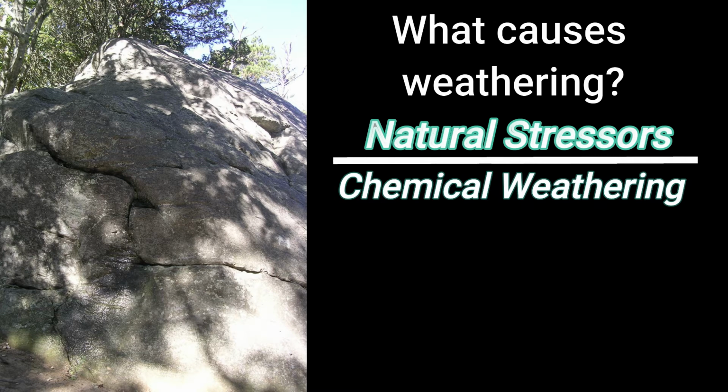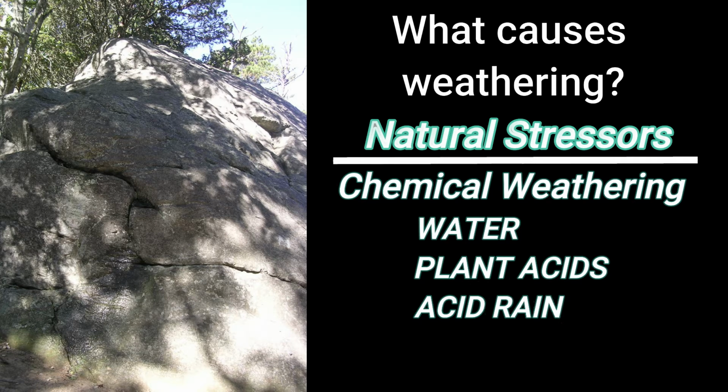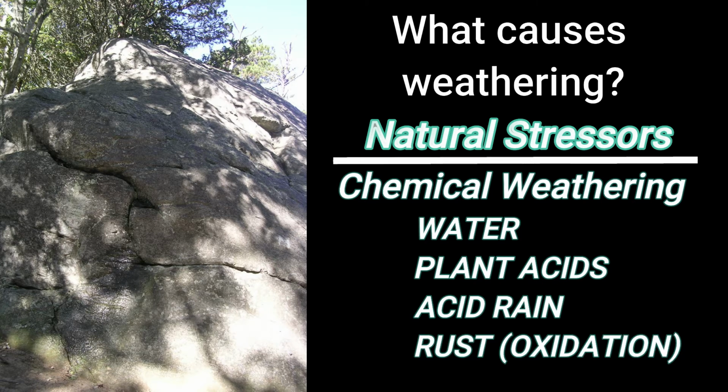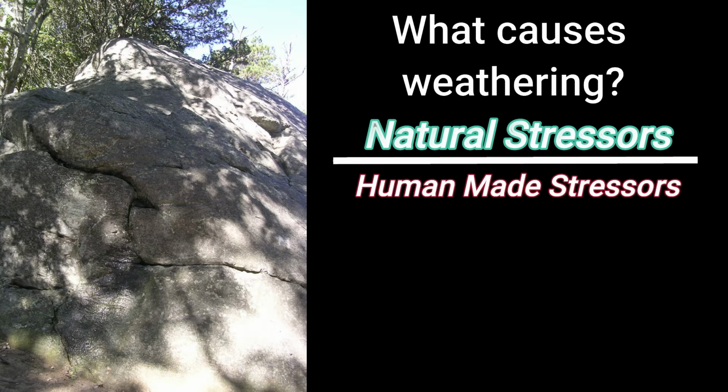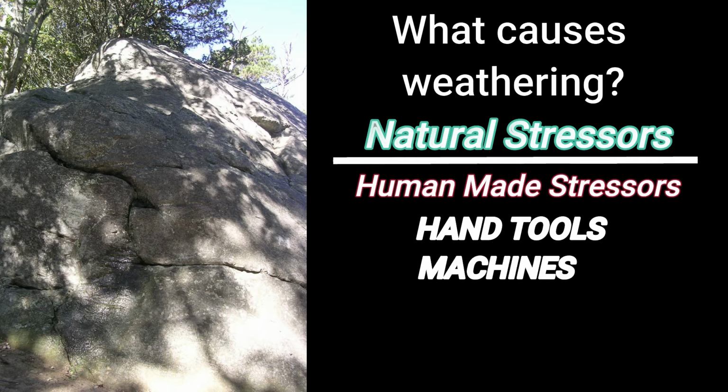There can be chemical weathering from water, plant acids, acid rain, and even rust. Biological weathering is caused when a plant starts to grow in a crack in the rock and the roots actually push the pieces of rock apart. That's called root pry. And of course, there are man-made stressors, people can use hand tools to wear away rock, and even large machines like bulldozers.